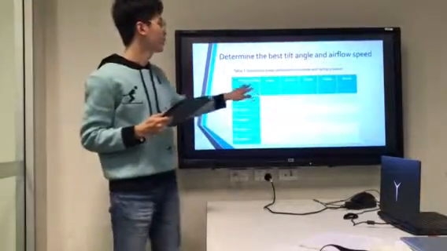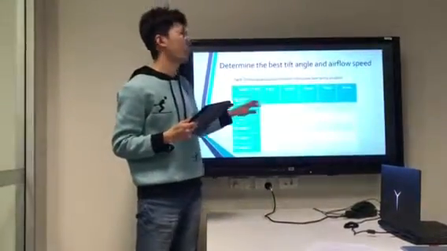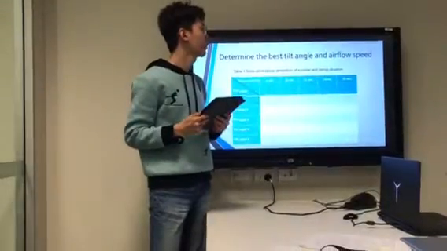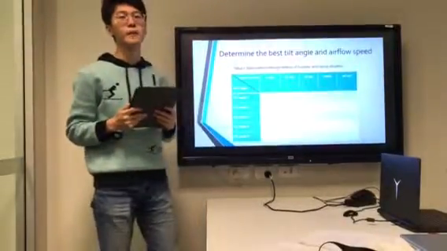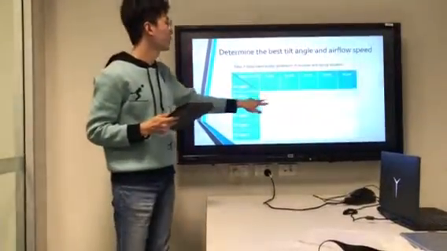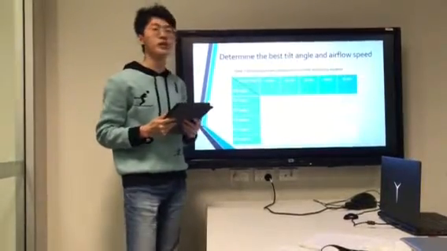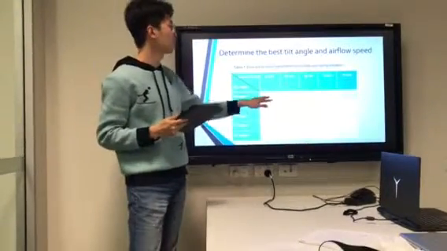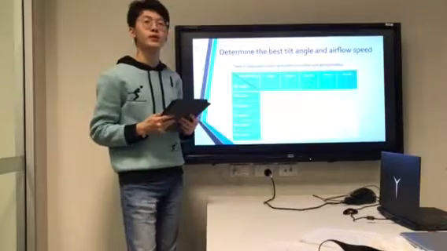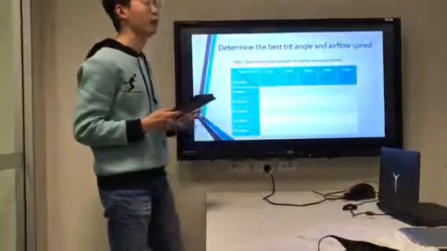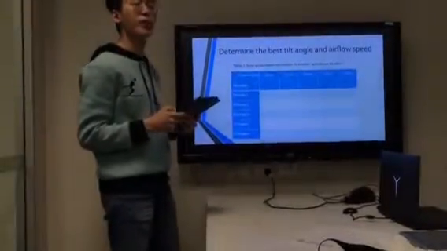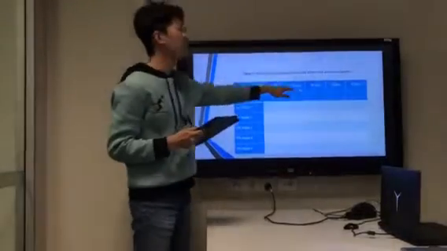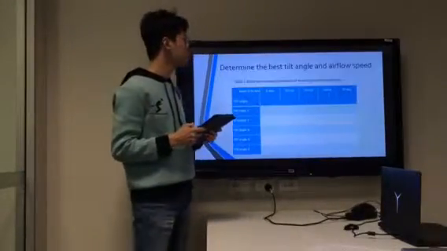And then I choose the speed of the airflow at 8, 10, 12, 14, and 16 meters per second. And then we can calculate the solar panel power generation. The largest solar panel power generation gives the best tilt angle. And the same experiment in the winter and autumn is the same.